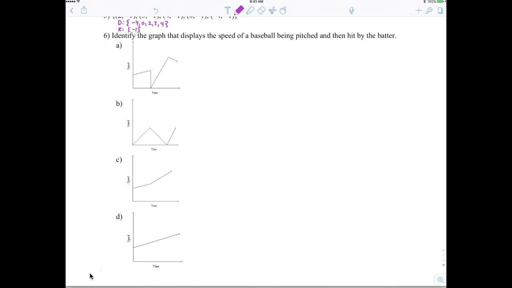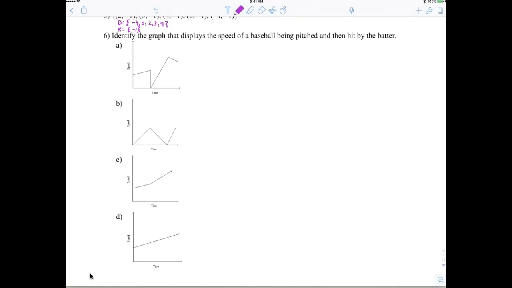And so I'm going to look at all of these and eliminate options. If you throw a baseball and as soon as you hit the baseball, what's the velocity? Zero. Very good, because it was going in one direction.